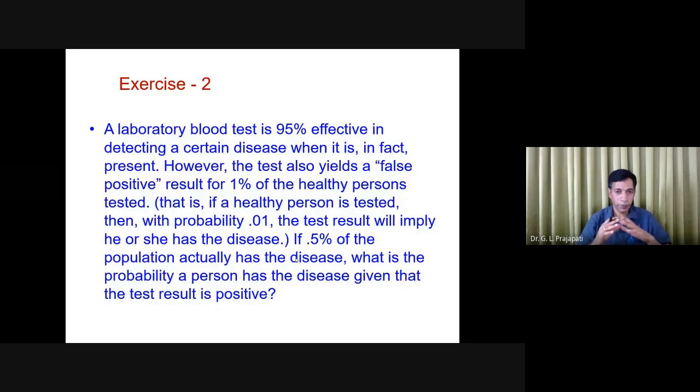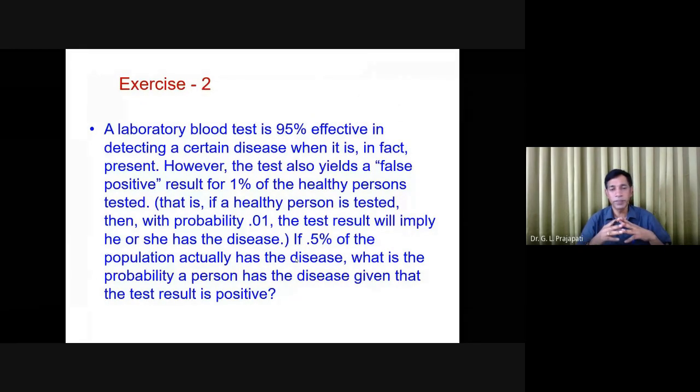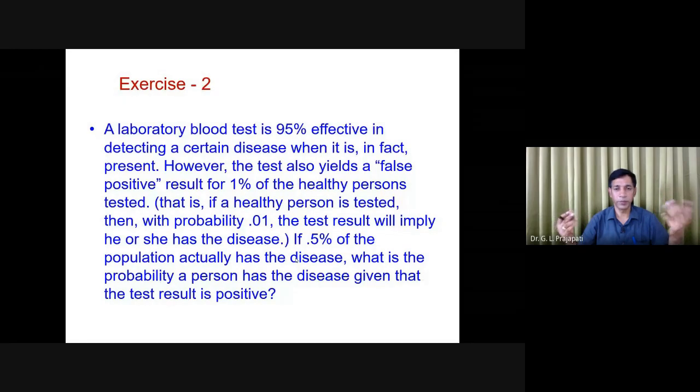This is somewhat tricky. A laboratory blood test is 95% effective in detecting a certain disease when it is in fact present. So when the disease is present and you go for the blood test, then it is 95% effective. However, the test also yields a false positive.